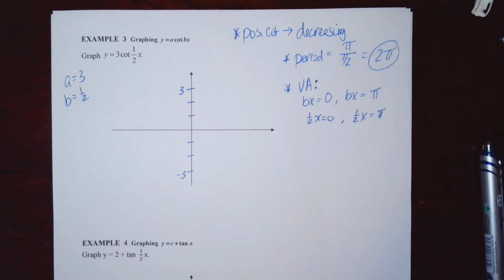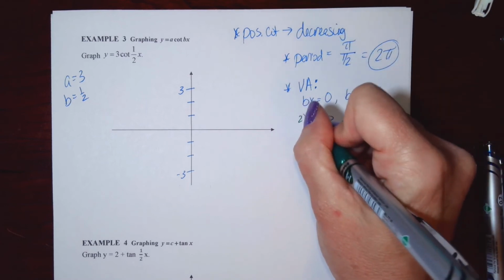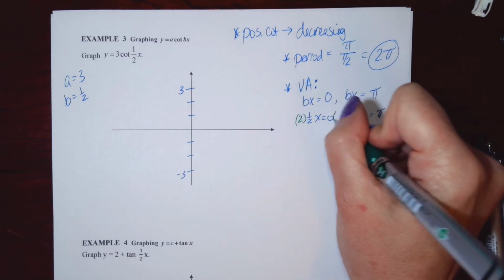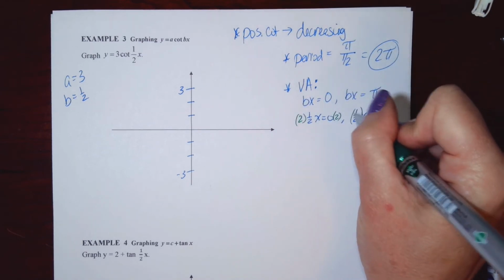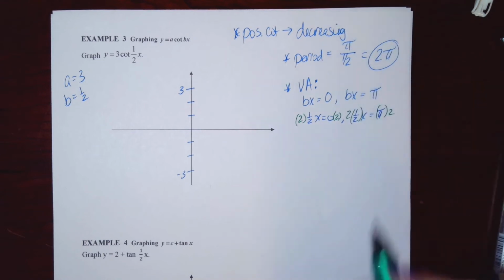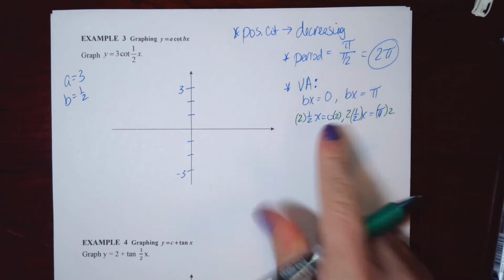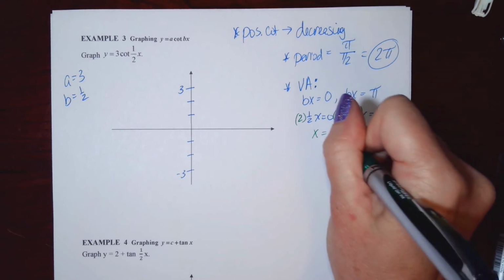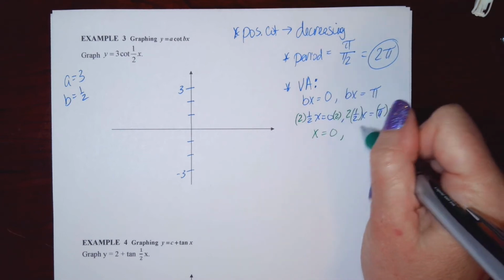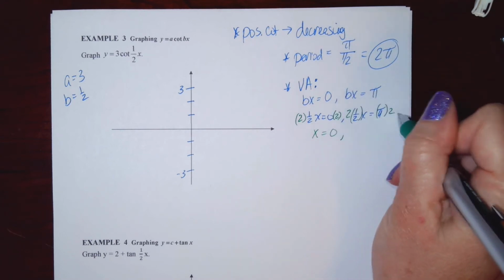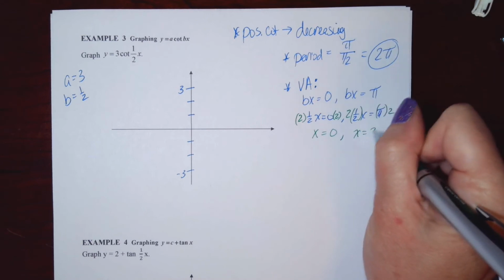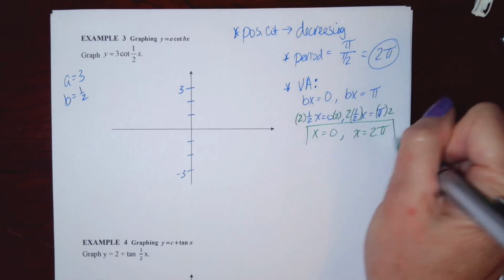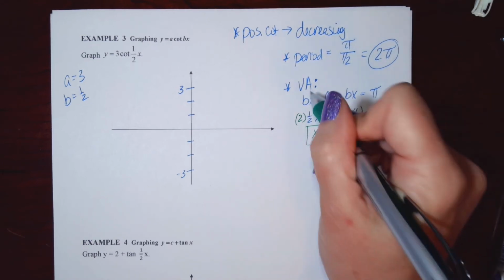And to solve for x, I'm going to multiply by the reciprocal. One half of 2 is 1. That solves for x. 0 times anything is just 0. But 2 times pi is 2 pi. So that's the location of 2 consecutive vertical asymptotes.